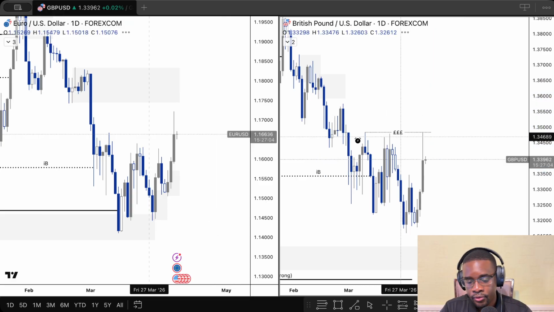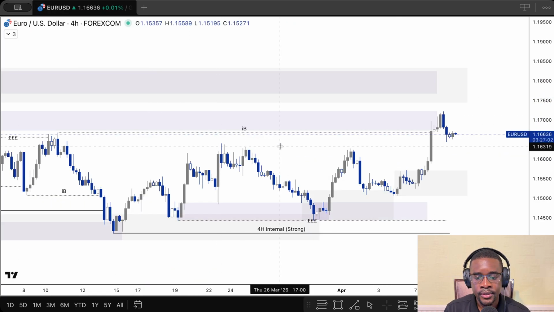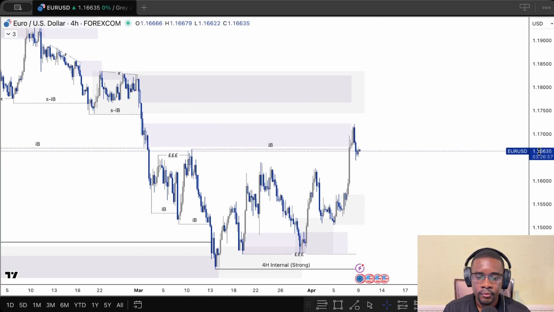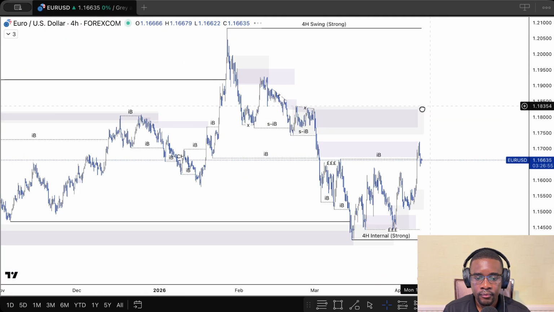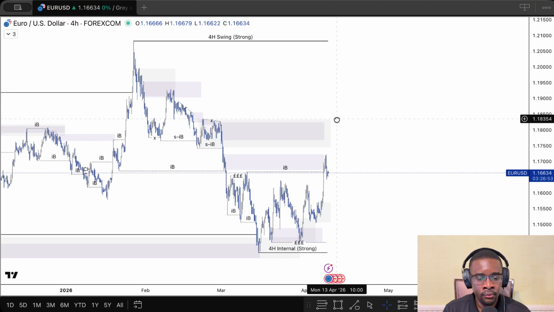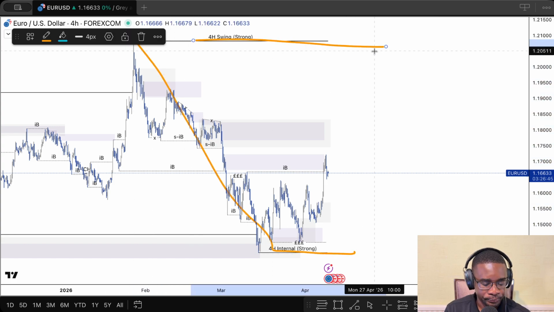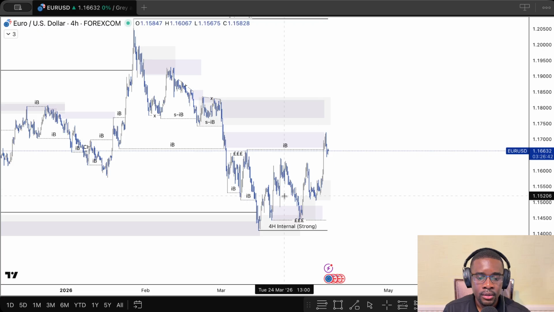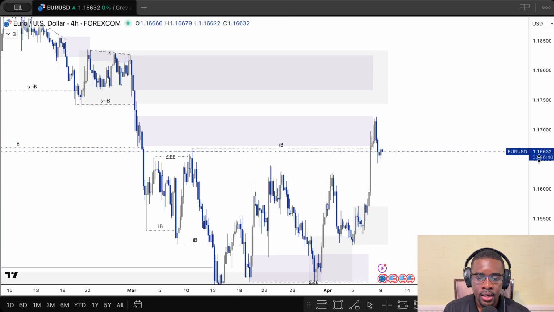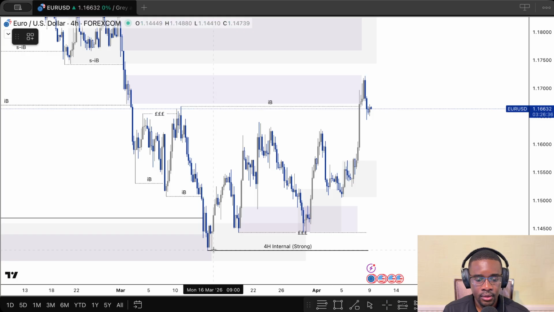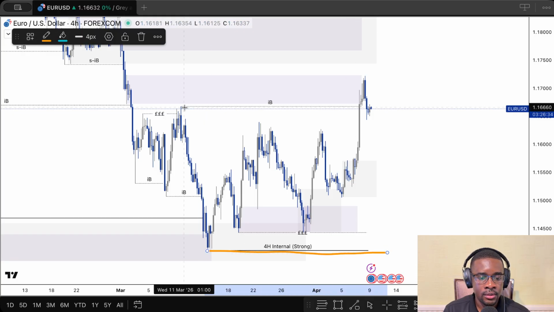So let's look at the 4-hour, and let's look at the Euro USD. Overall, this is what we have. This is our swing range. We know where our swing range is, and then internally this is now a strong low.